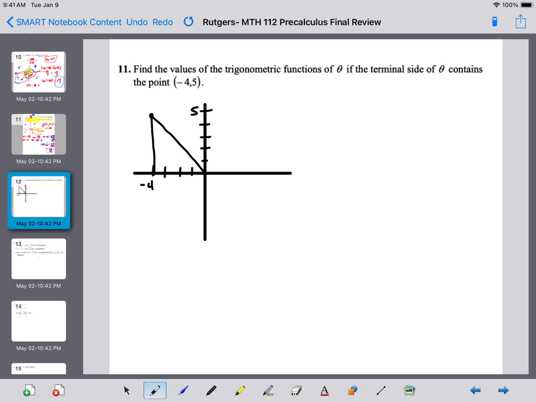That is the positive acute angle between the terminal ray and the x-axis. We will call this theta. This length here would be 4, this length here would be 5.